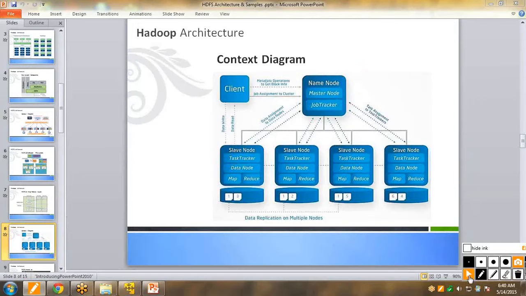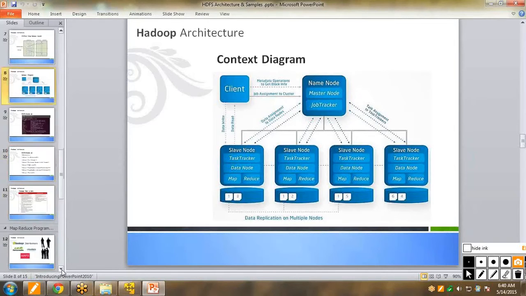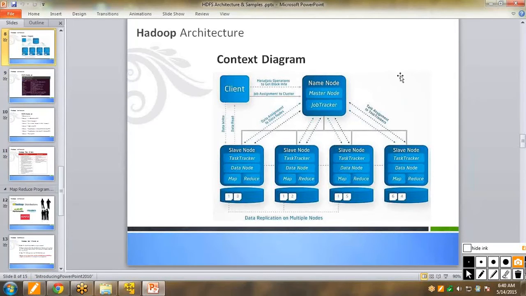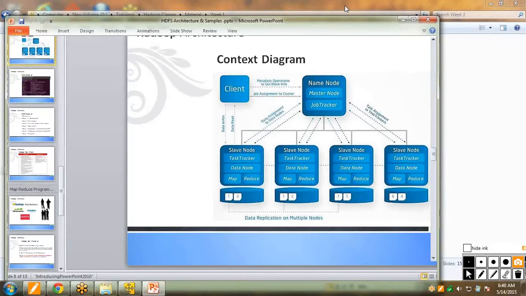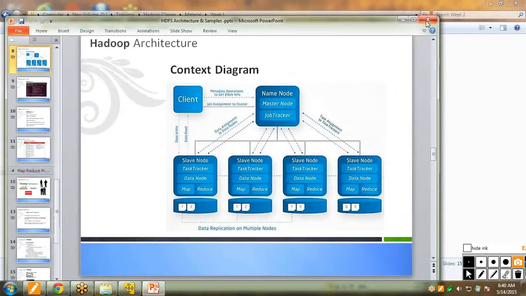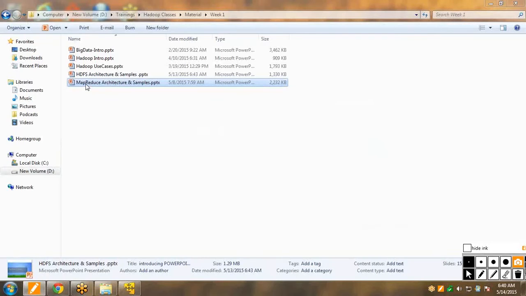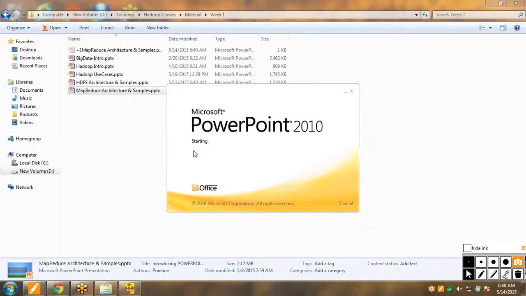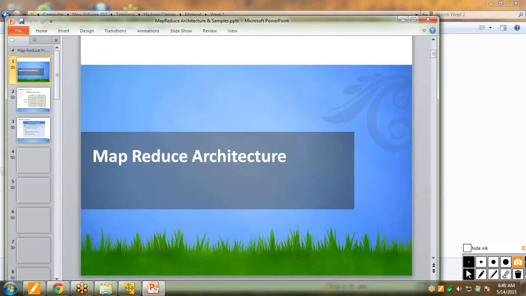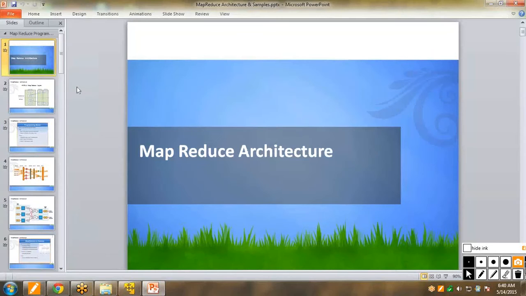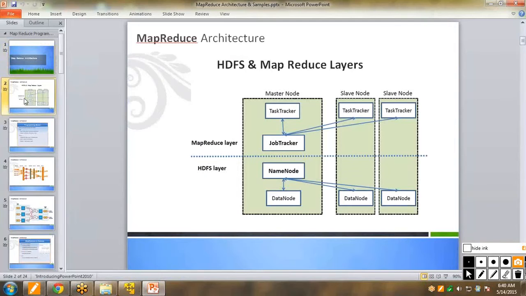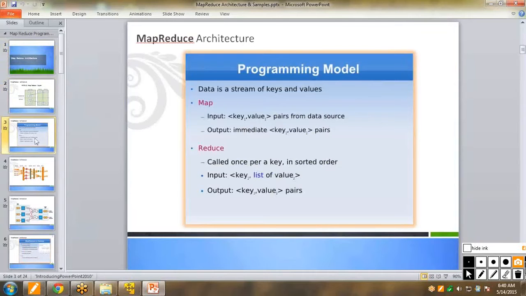Right. Let us look at the high-level semantics. Let us see MapReduce from the theoretical point of view.